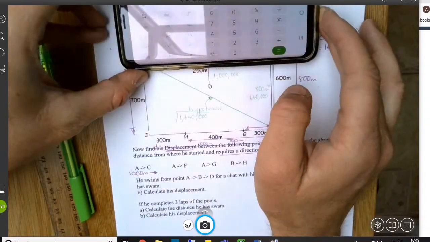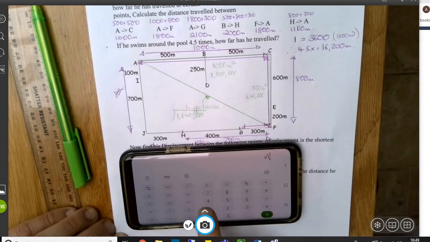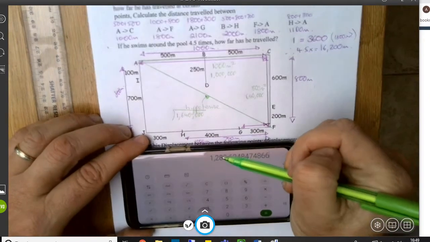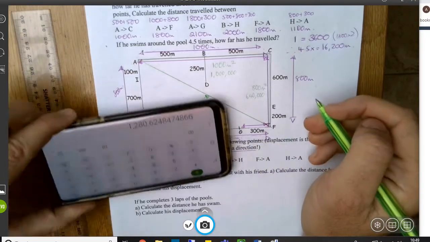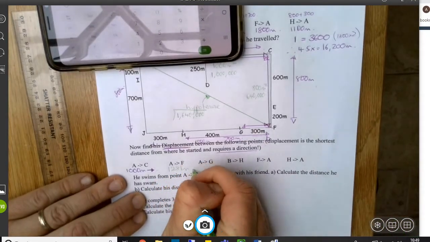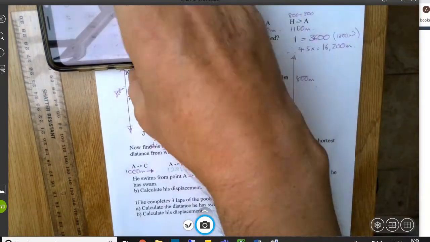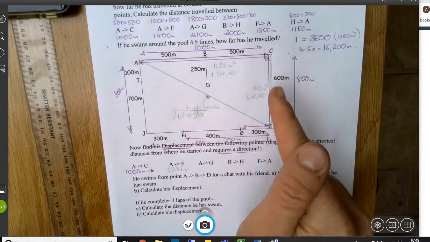So remember what I said, our value is the square root of 1,640,000 and gives us a reading of 1281 meters. Hopefully that's clear. If you're not sure, rewind the video and go back and check what I've done.